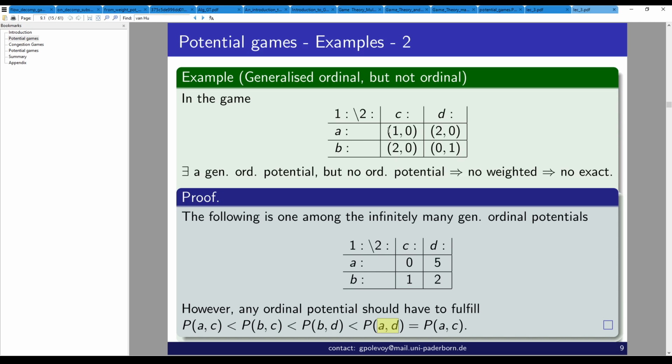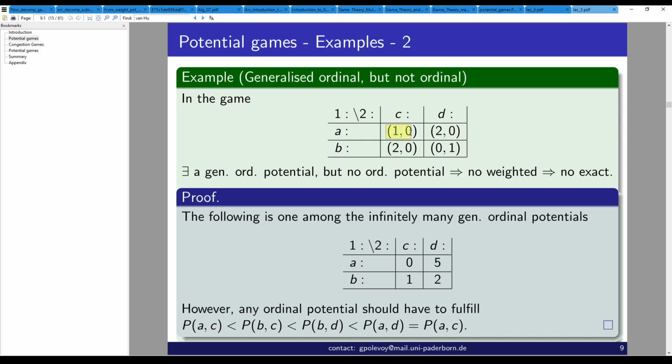If we further change from AD to AC, the change in the column player maintains the same equality.